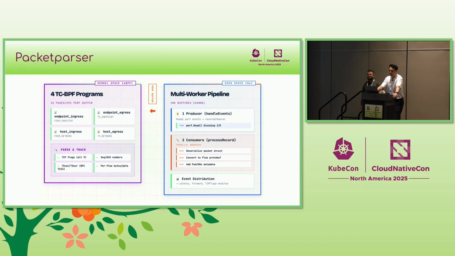Now moving back towards the kernel space, we see there were 4 TC BPF programs, with specific program names. We already know that there were 2 for the pod ingress and egress, and 2 for the node ingress and egress. But what stood out was the 32 pages per CPU performance perf buffers. These are the perf arrays. We started digging into what this is. What is happening at the per-CPU layer?